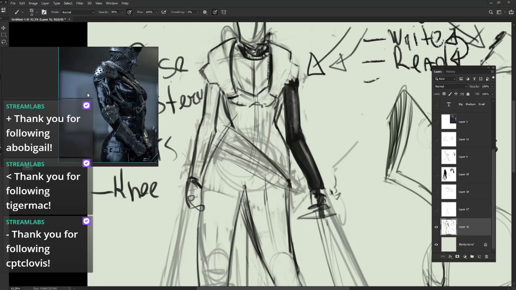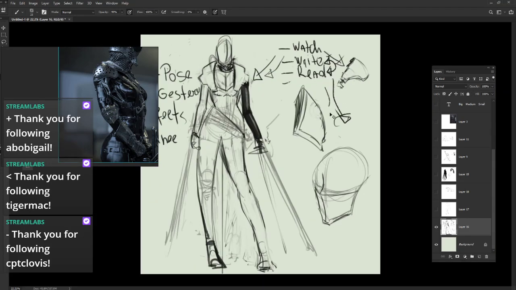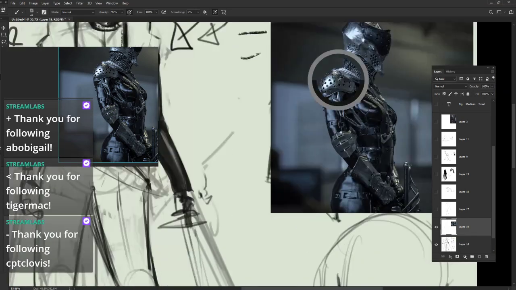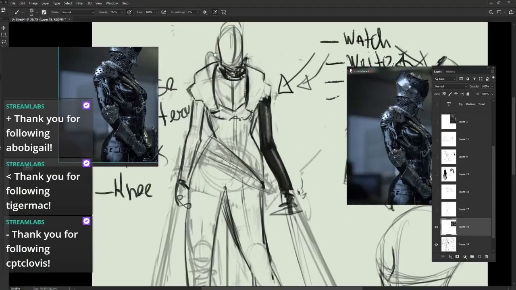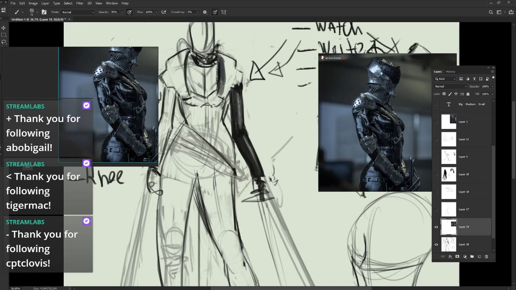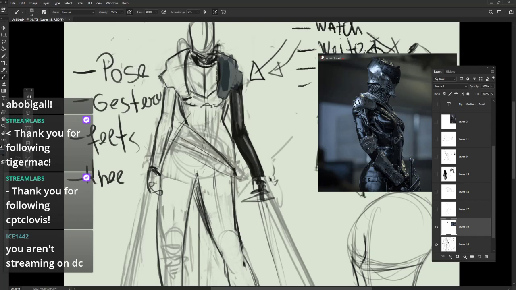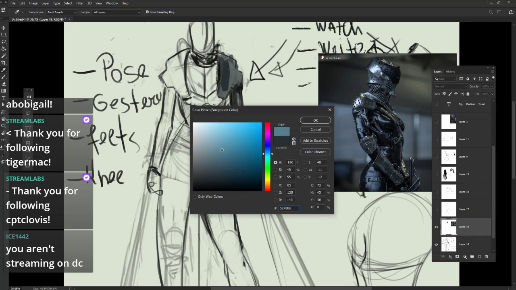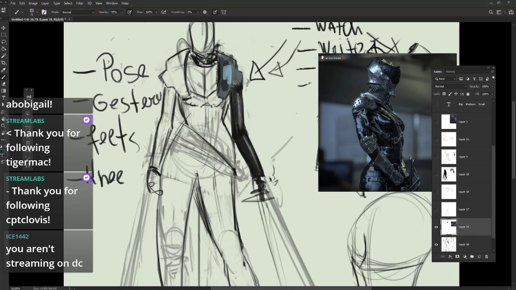Okay, the armor. I don't want to study the different metallic parts, but later on probably, after I color pick. At least I know it's a bluish tone, much more towards white.